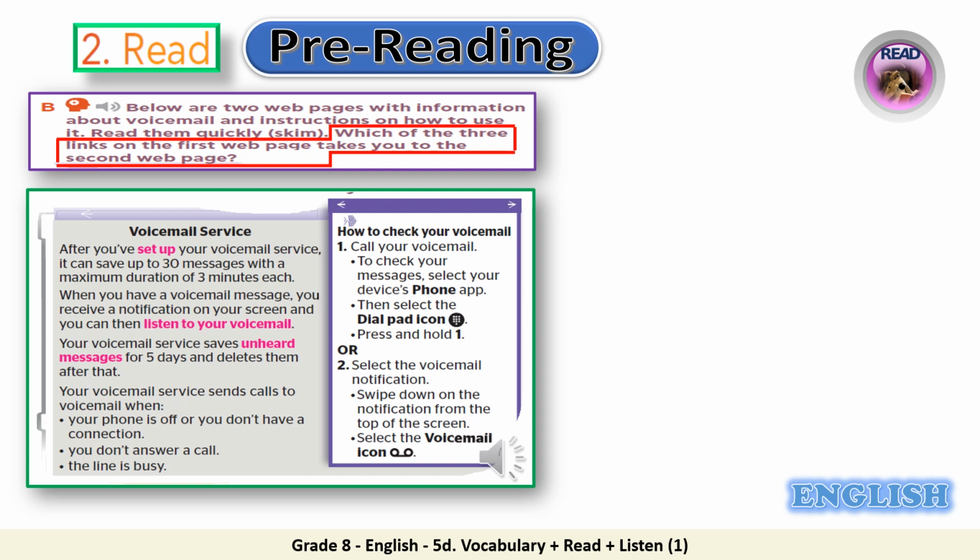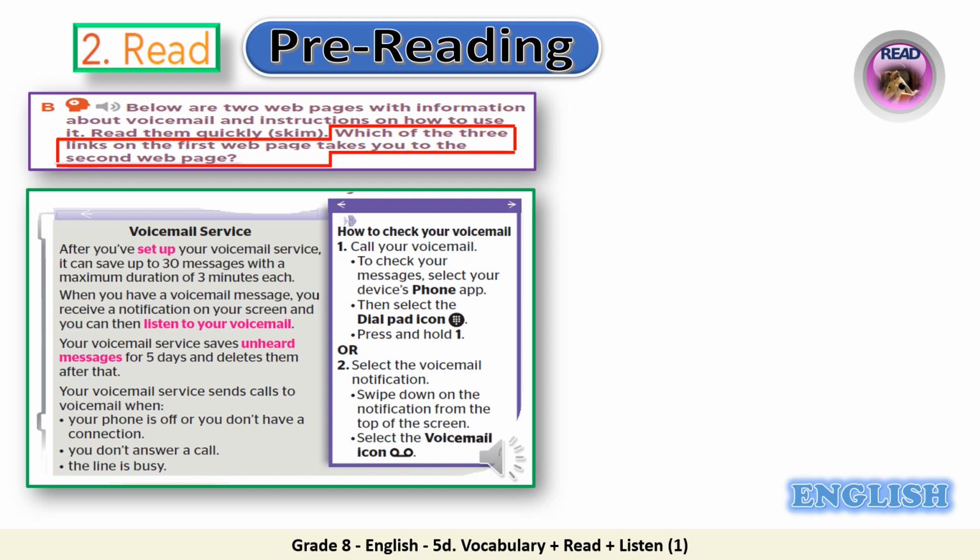Your voicemail service sends calls to voicemail when your phone is off or you don't have a connection, you don't answer a call, the line is busy. How to check your voicemail. 1. Call your voicemail. To check your messages, select your device's phone app. Then select the dial pad icon. Press and hold 1. Or 2. Select the voicemail notification. Swipe down on the notification from the top of the screen. Select the voicemail icon.